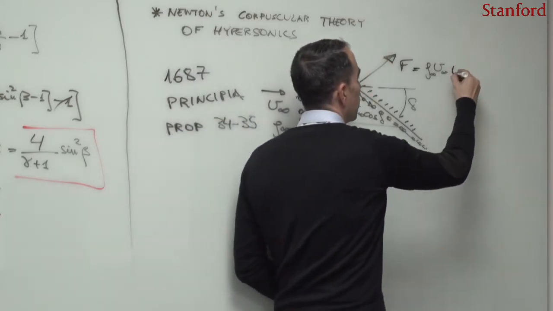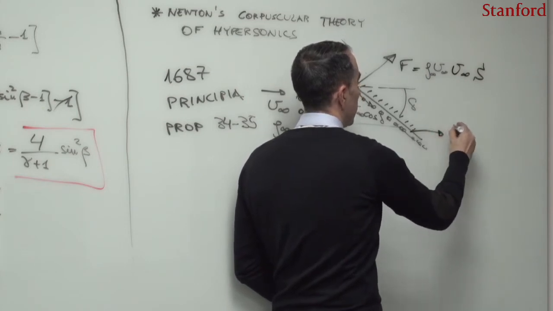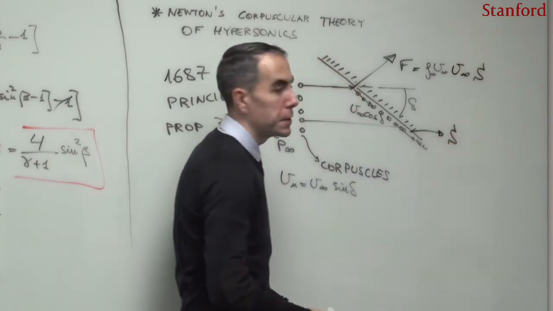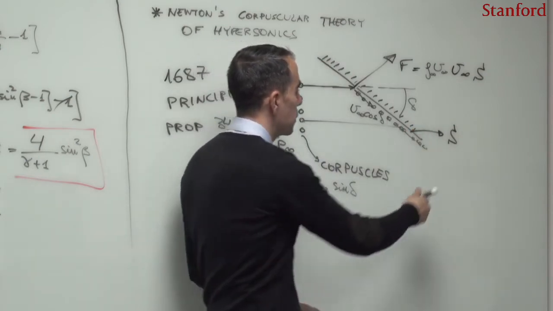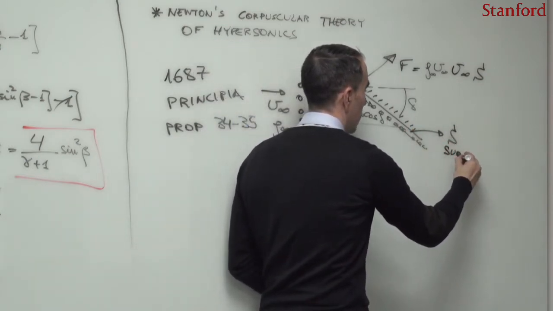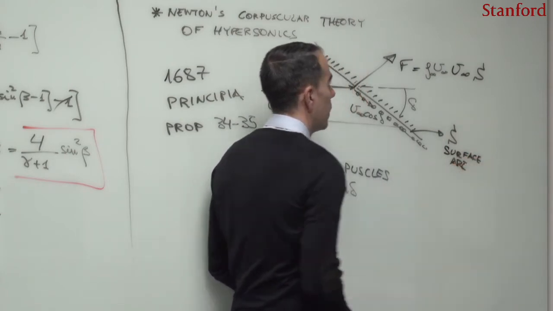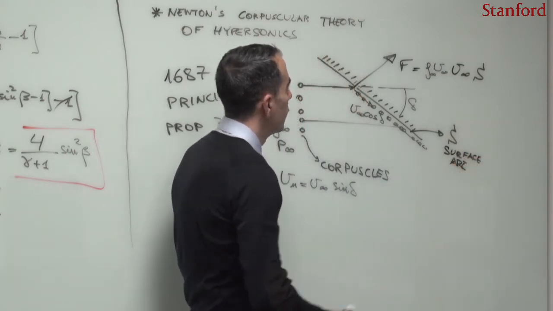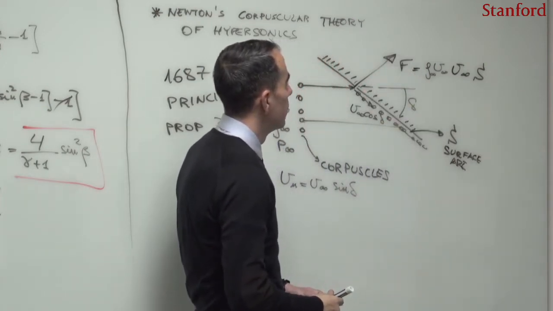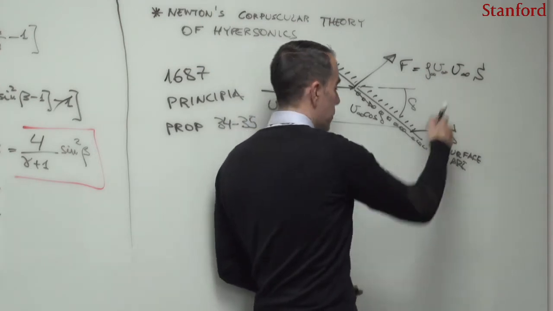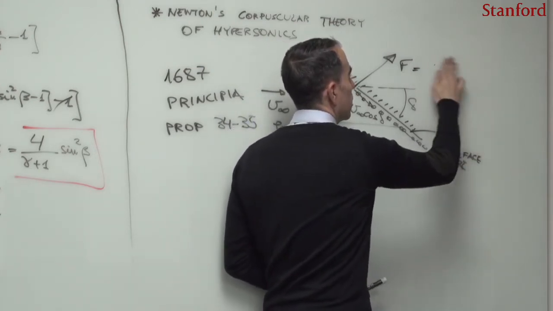So that will be u infinity multiplied by the surface area of this wall. This is the surface area. Let me just repeat this, because I actually have to revise it.